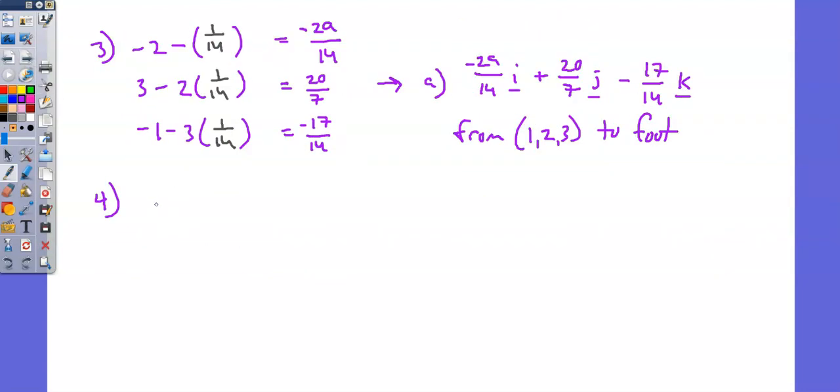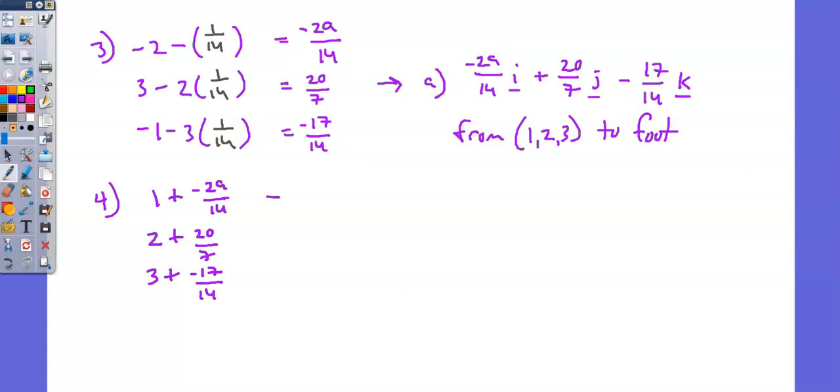So we will have 1 plus 2 plus 3 plus. Those components come from the given point. The results of 3 are -29/14, 20/7, and -17/14.